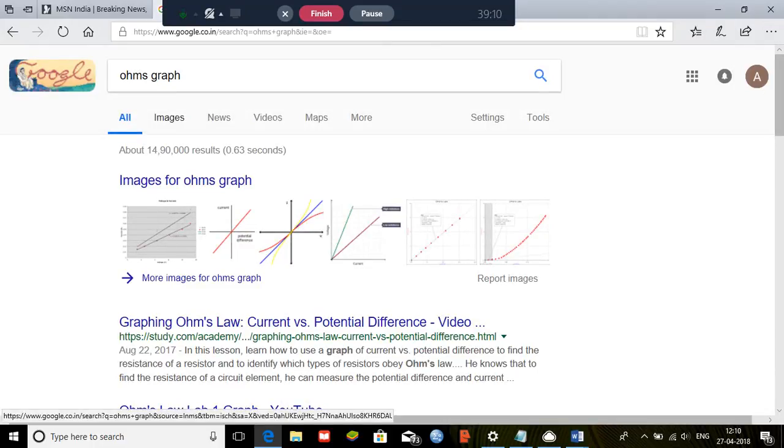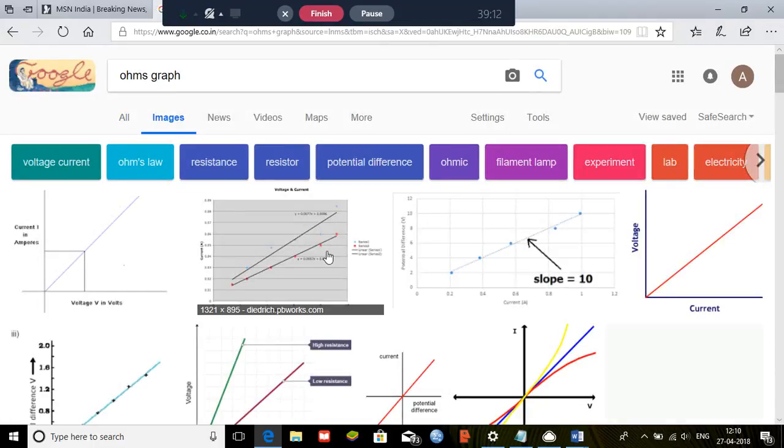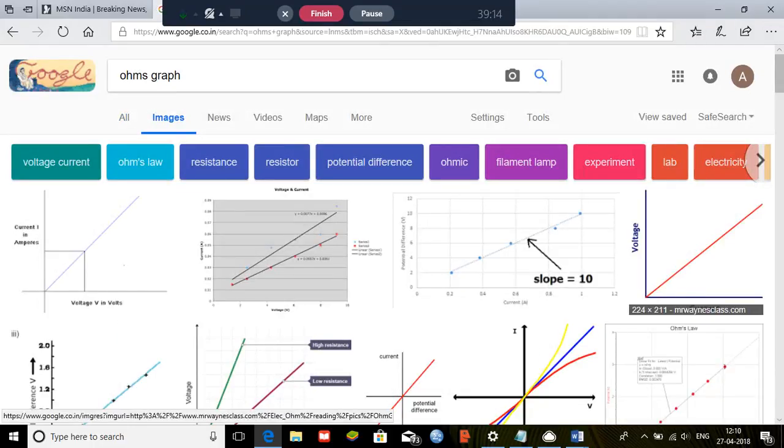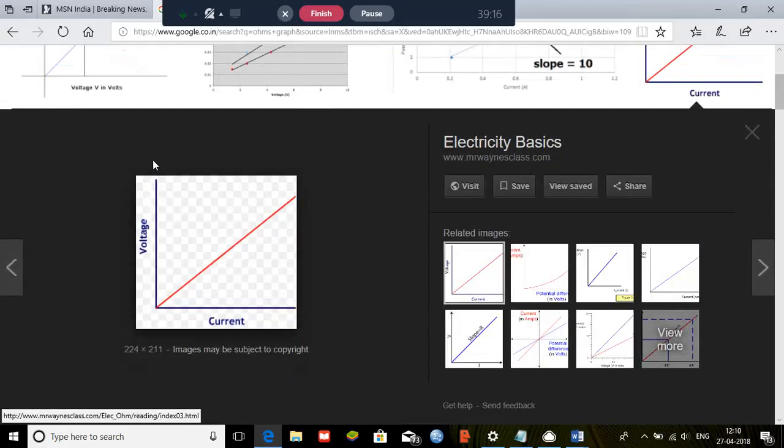As you can see, this is voltage, this is current. As you know, it's directly proportional. If the current increases, the voltage will also increase by the same ratio. So there will always be a straight line of voltage against current. This is the graph I want to show you.